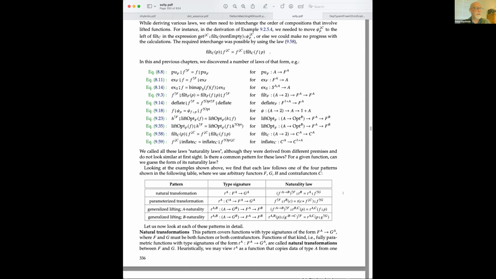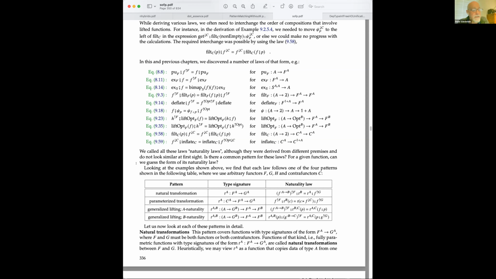Like the first law, the 8.8 law, I think that's one of the laws that you get for monads. So things like that will carry forward, but then there'll be additional laws. Right, but how many different type signatures will those laws have?